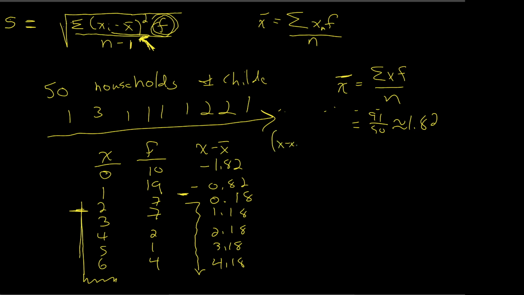So my deviation squared: 3.3124, 0.6724, 0.0324, 1.3924. Again, the calculator will be our aid, and we'll see how to do much of this stuff in Excel, but I'm taking the values I found in this column and I'm squaring them.